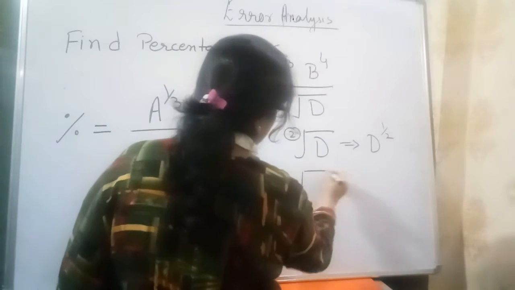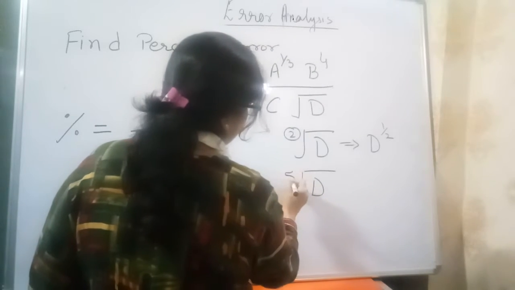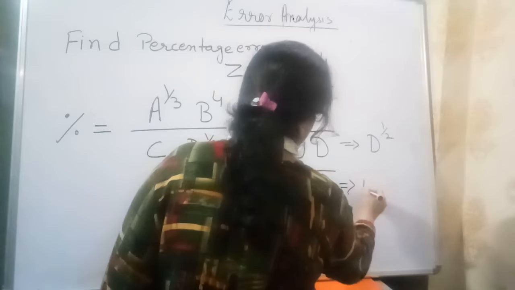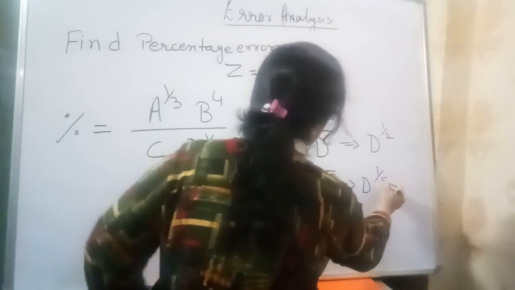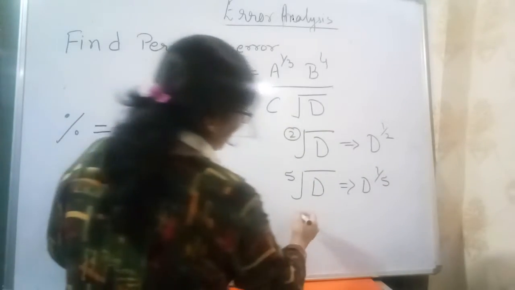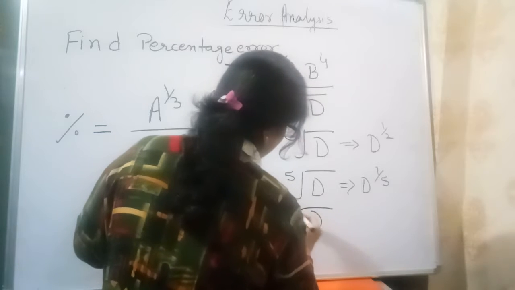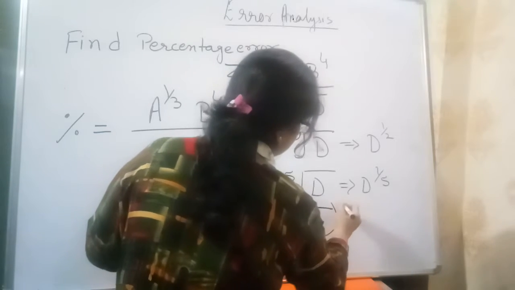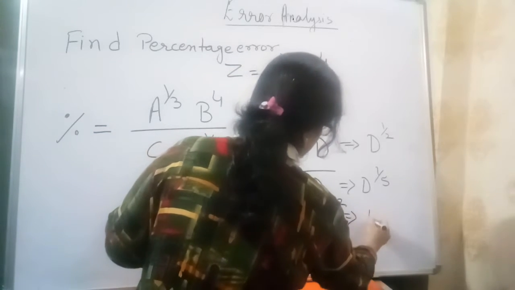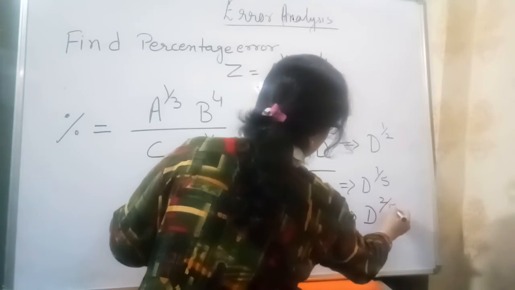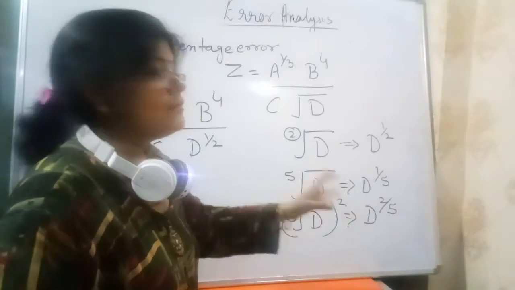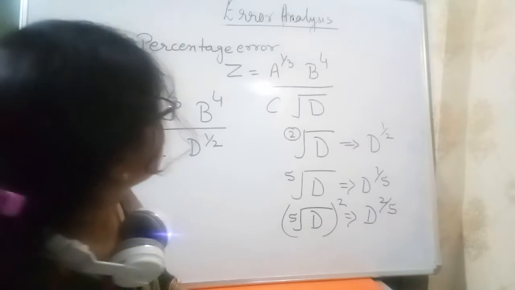For example, we have D with power 5, it means 1 over 5. This is the concept. Now again I have a concept, D to the power 2 over 5, that means here we have 2 over 5. Clear? Now just see our question.